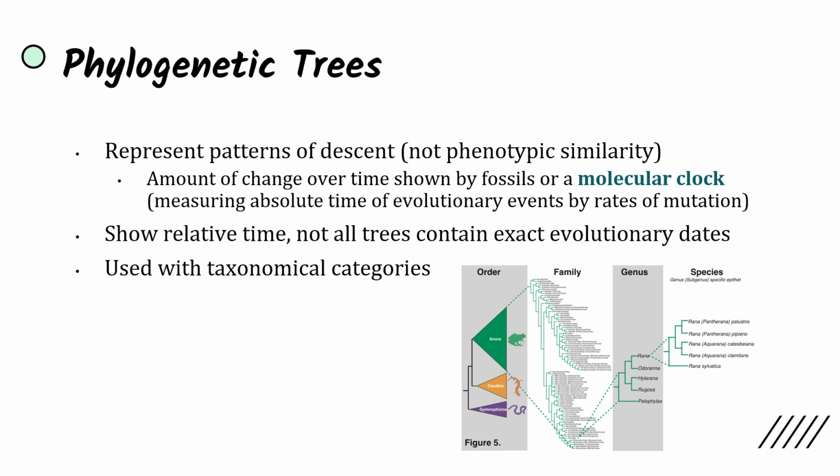And they're often used with taxonomical categories such as order, family, genus, species, to show how from one we can get to the other and how we can get more and more specific when discussing species, or broader when looking at entire genuses or families of species.